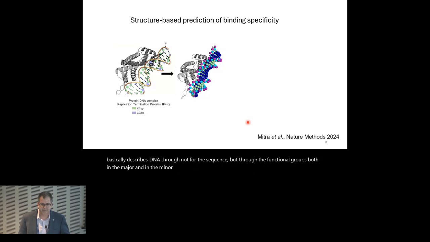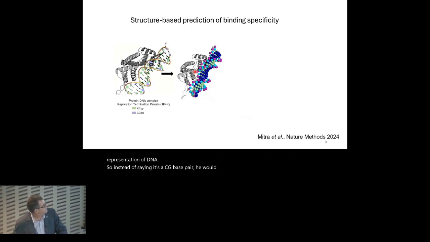And that's actually the chemically more correct representation of DNA. So instead of saying it's a CG base pair, he would describe DNA through 4 functional groups in the major groove, here in dark blue, and 3 functional groups in the minor groove.